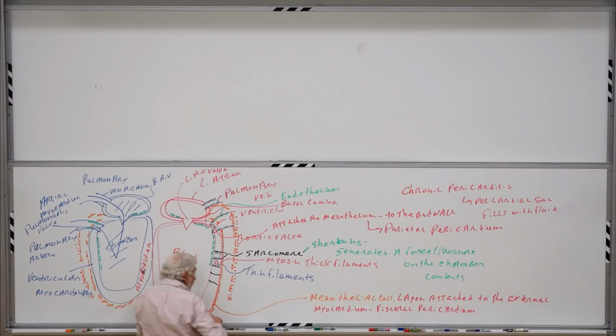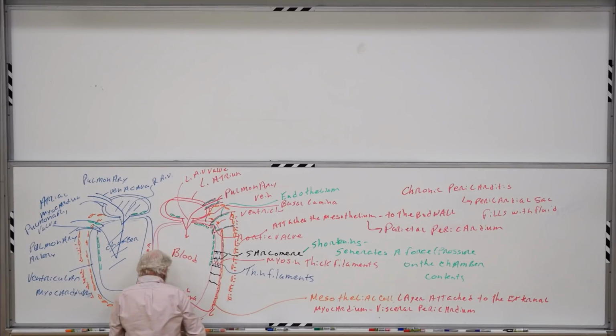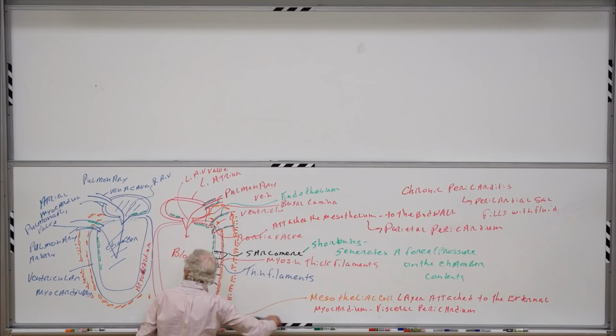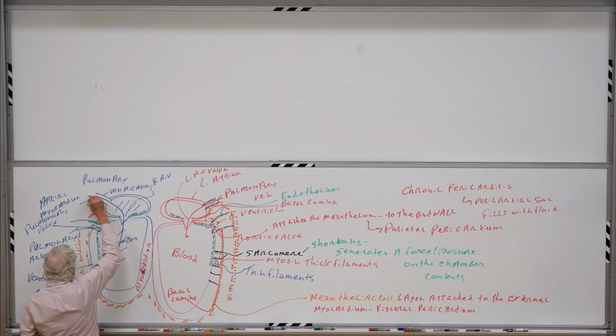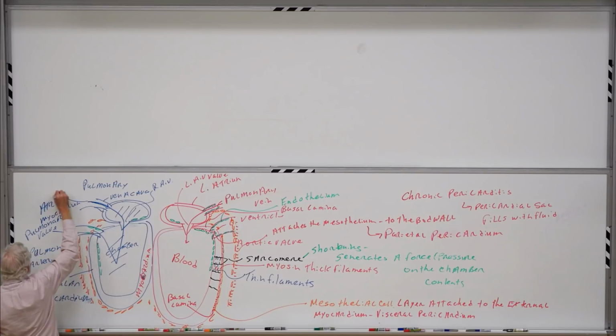The next piece you have to know about is that the blood flowing in from the lungs into the left side, or the blood flowing from the systemic vasculature into the right side, this return is a low pressure return.